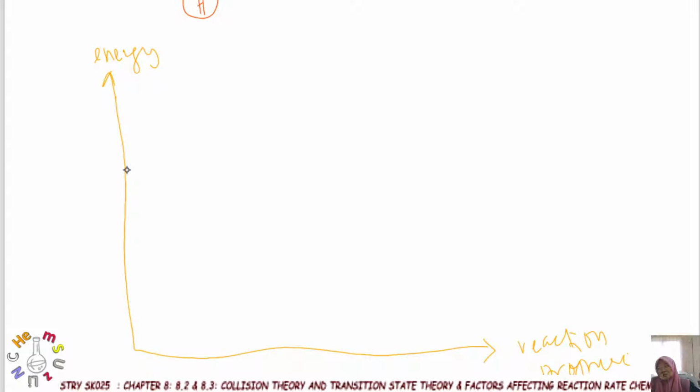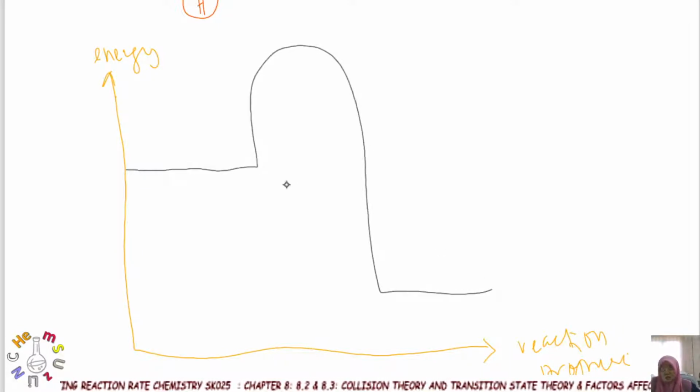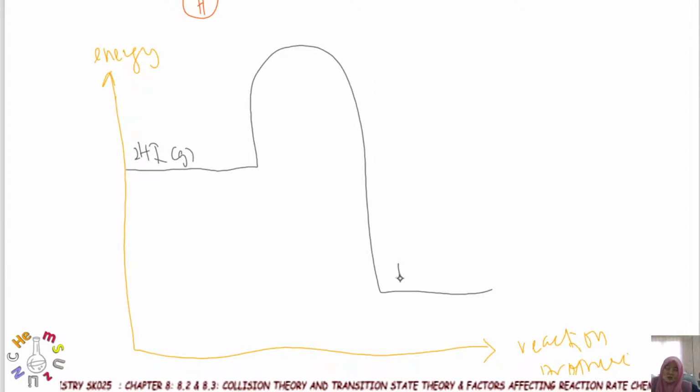The enthalpy of the reactant is higher than the enthalpy of the product. What is the reactant? 2HI gas. The enthalpy of product is H2 gas plus I2 gas.